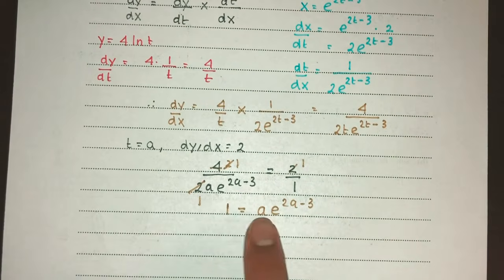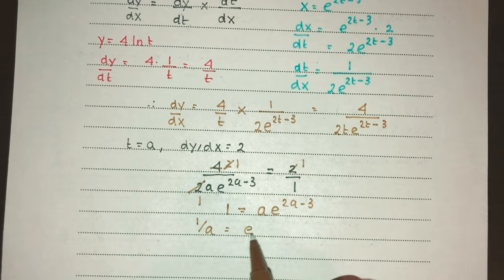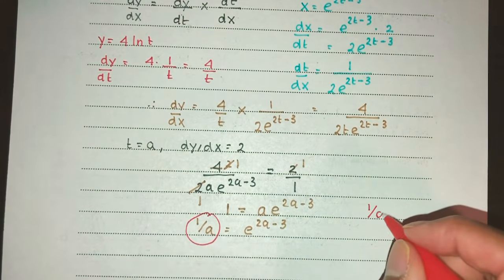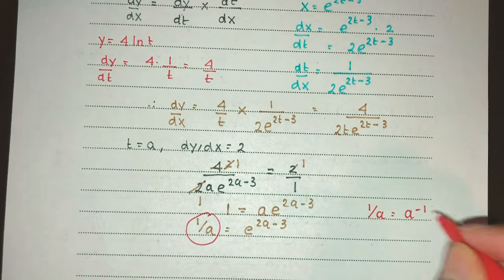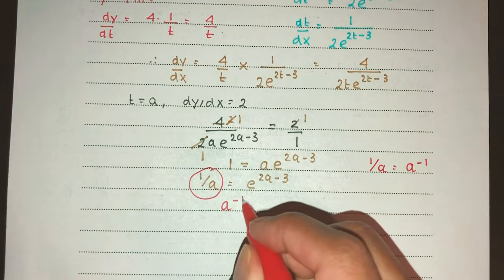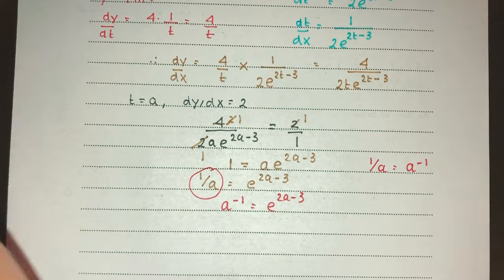Now we can send the value of a over here. You will have 1 divided by a is equal to exponential 2a minus 3. Now, what is this value? We can also write this as a power minus 1. So right now you will have a power minus 1 equal to exponential 2a minus 3.